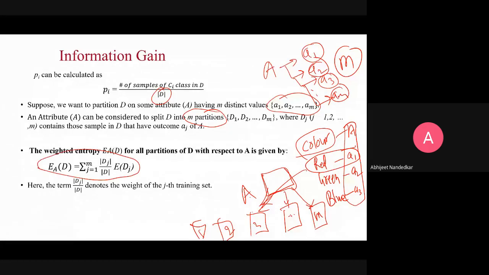Weighted entropy means you calculate the entropy for all these sub-tables, let us say E1, E2, up to EM, and this was the original E. After breaking with the help of attribute A, the average entropy for the problem is given by summation, j equal to 1 to m.